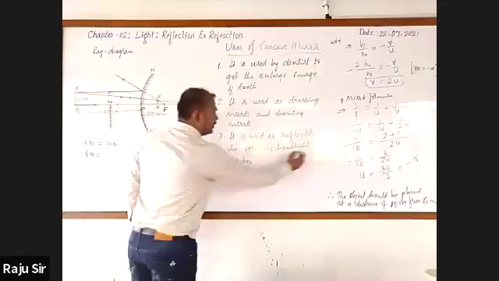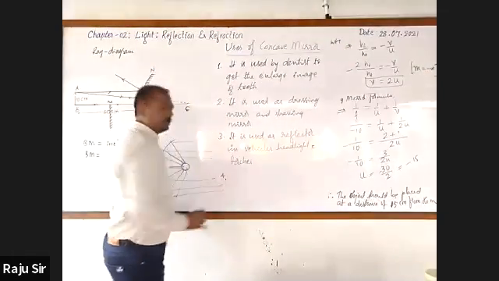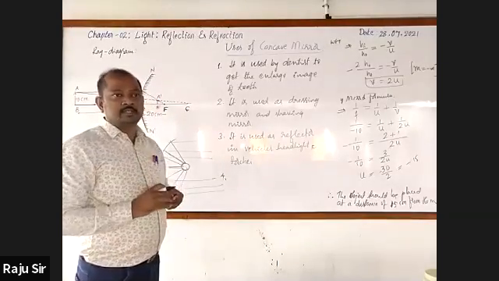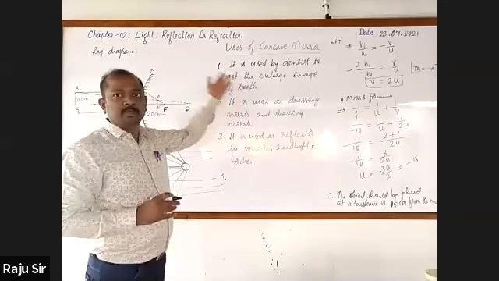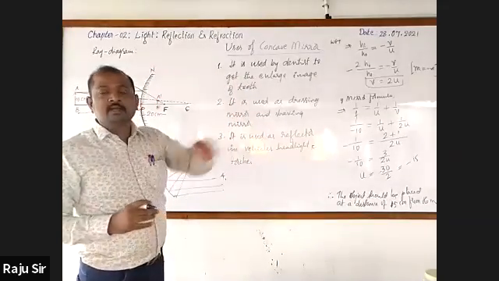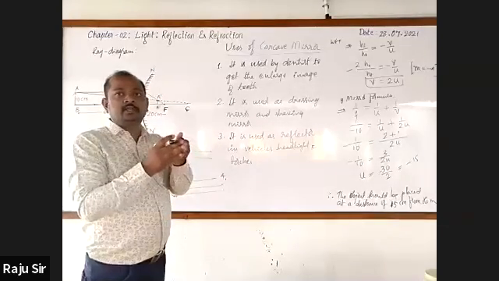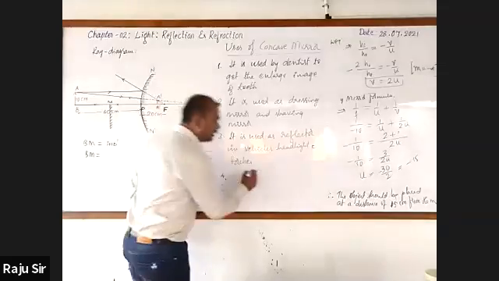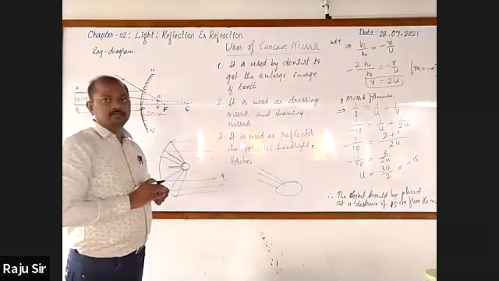Next, it is also used to concentrate sunlight to produce solar energy, that is, in solar furnaces. Solar furnaces have a reflector because it will focus the light incident on it, so that all the light rays will fall on the furnace.